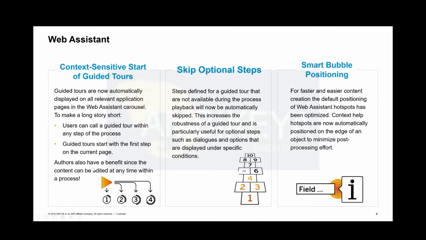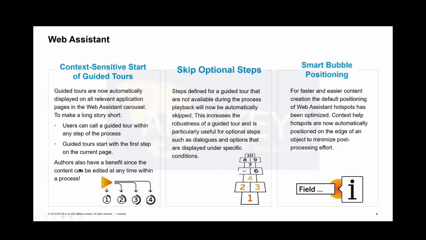In Web Assistant, it's for Fiori, so it's rather the second page of an app. The Web Assistant guided tour will immediately jump to the first logical step matching to that particular process. Makes absolute sense, hasn't been possible before.